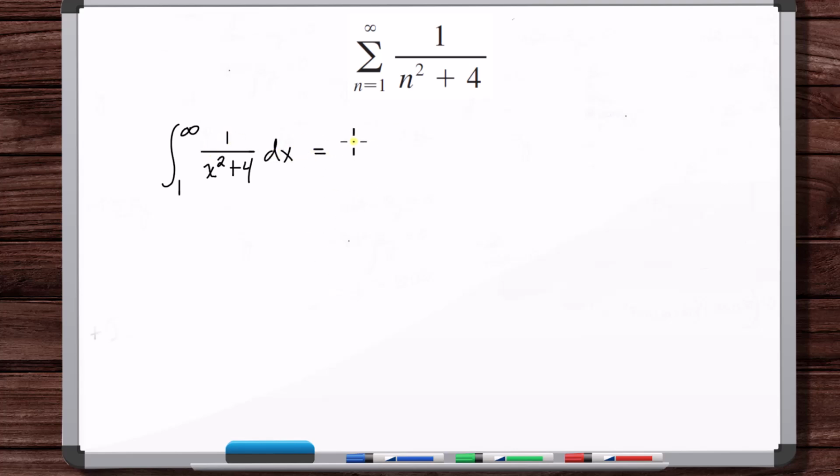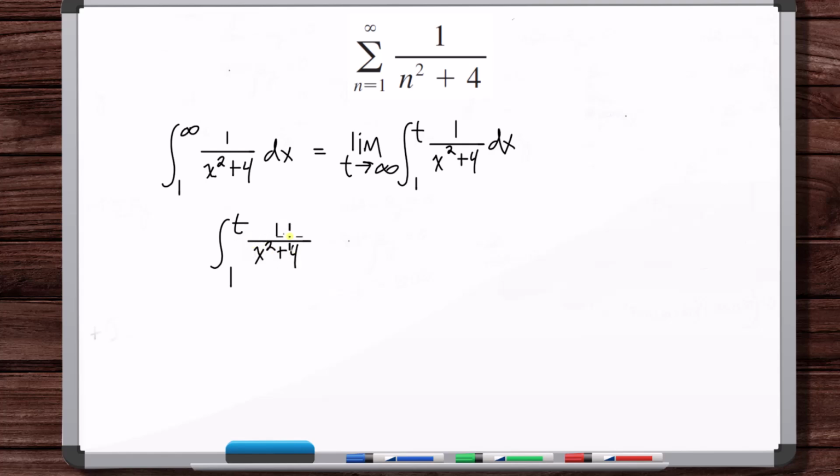Does this integral converge or diverge? Okay, so let's look at this integral. So u is x squared plus 4, therefore 1/2 du.